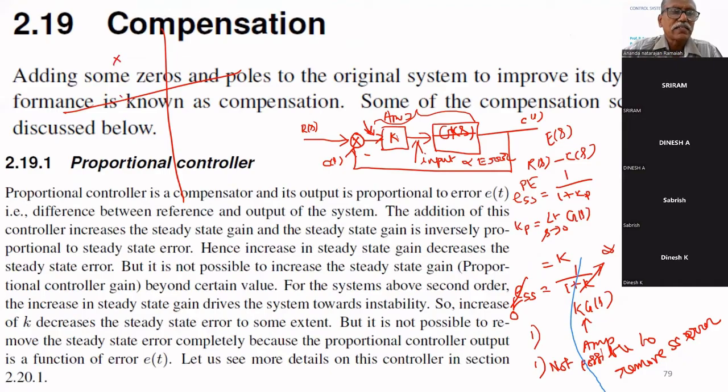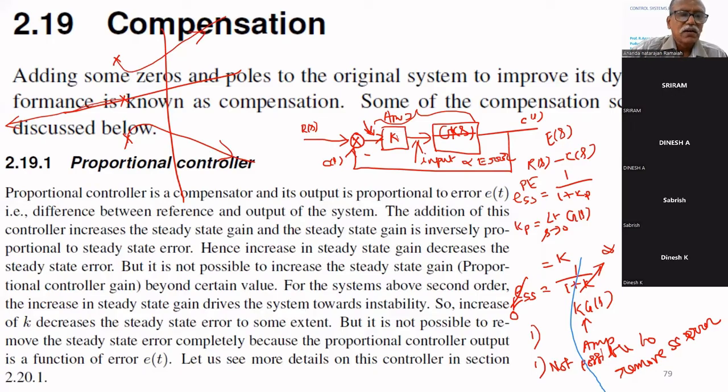I'm having poles like this for a third order system, this is when k equal to 0. If you increase k, what will happen? This pole will move towards the left hand side, but these two poles will move towards the right hand side.